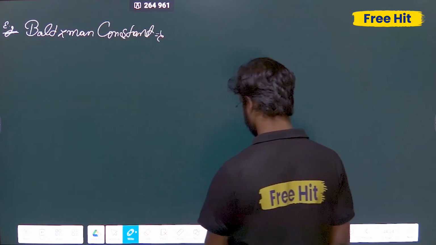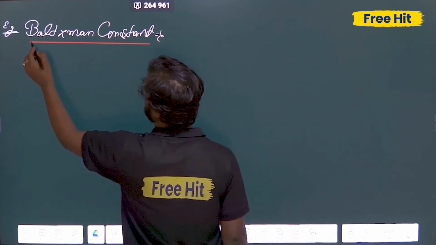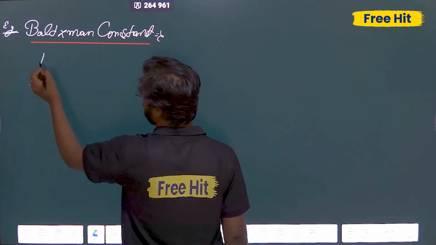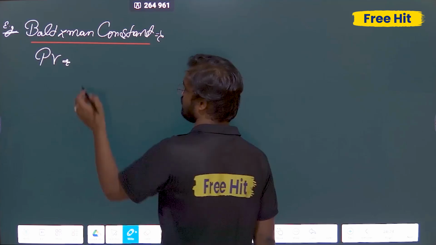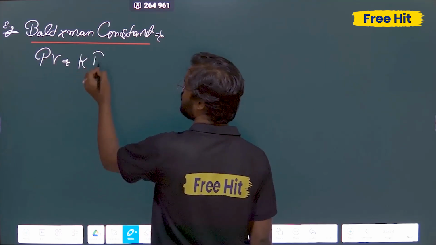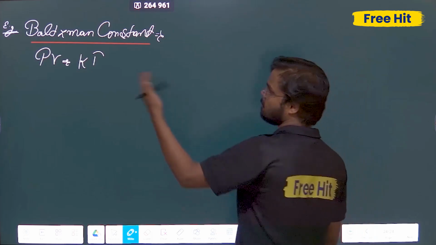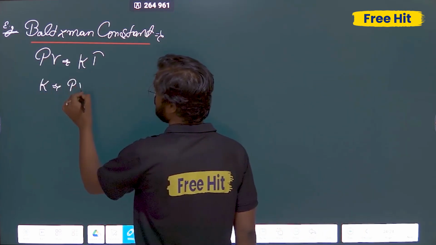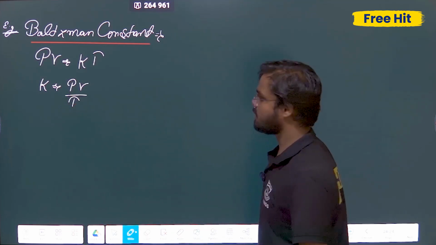So there is one formula, if you remember. Maybe you have studied it in chemistry. If you haven't studied it, we will learn it. So PV is equal to KT. That is the ideal gas equation. So from here I can say PV by T. What is P? P is pressure. Pressure is what? Force upon area.